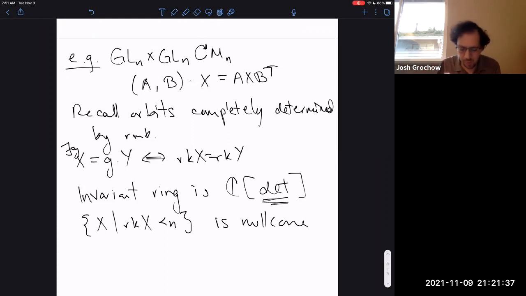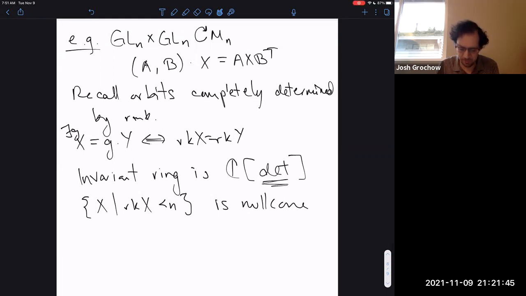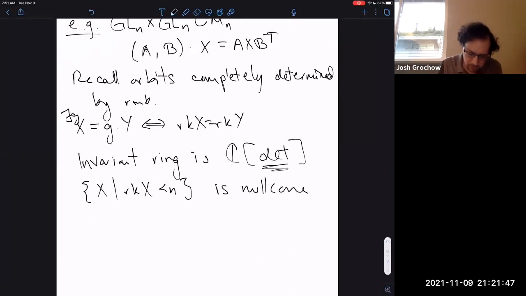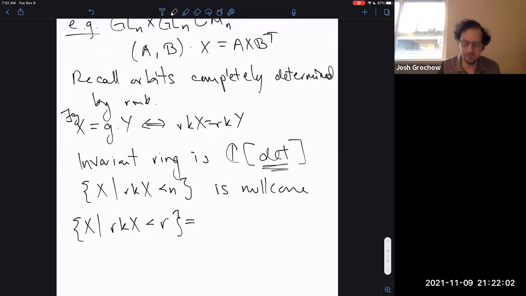Okay, but it is still a G invariant, which means by our general correspondence, there should be some G modules in the coordinate ring that it corresponds to. And we know what those are, right? So the set of X such that rank of X is at most R. This is a Zariski closed set.